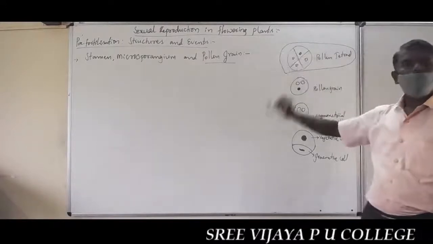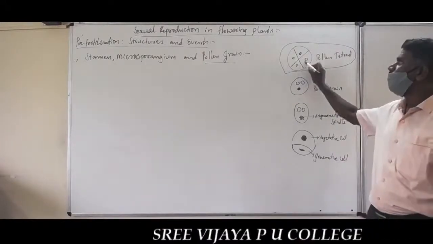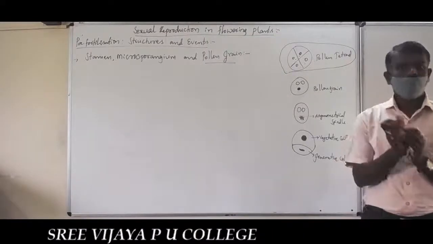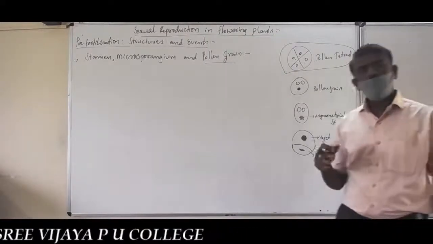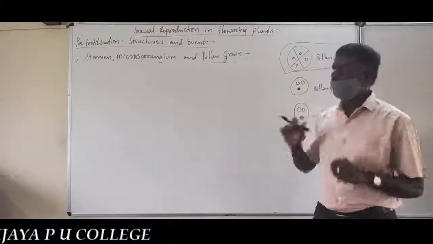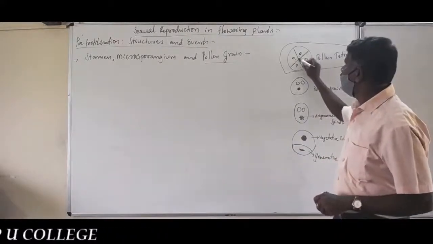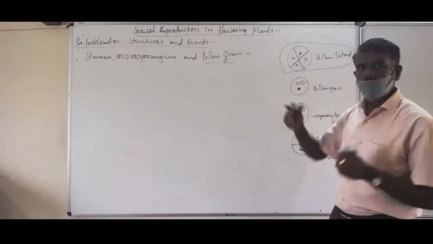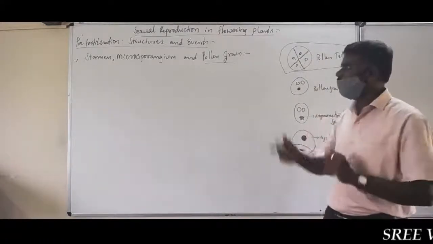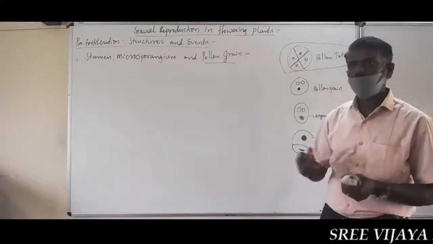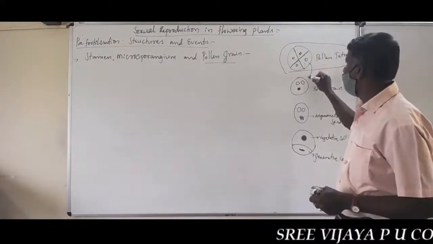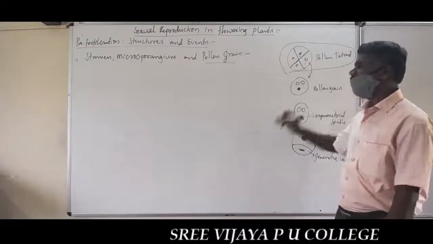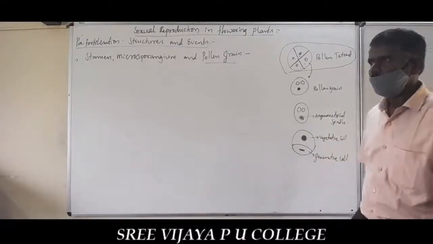Later, when they mature, the wall where the pollen grains are connected is dissolved, and after that they are individually released from the pollen tetrad. That structure is called a pollen grain.